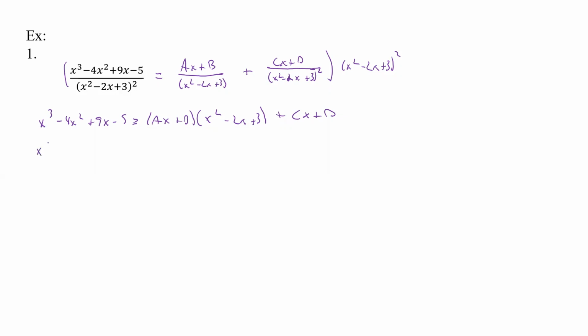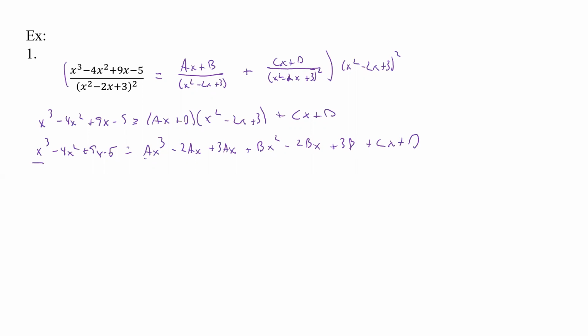So that's x cubed. Now we have Ax times x squared, so that's Ax cubed. Ax times minus 2x is minus 2Ax squared. Ax times 3 is plus 3Ax. Then plus Bx squared, minus 2Bx, plus 3B, plus Cx plus D. I think I got everything there.